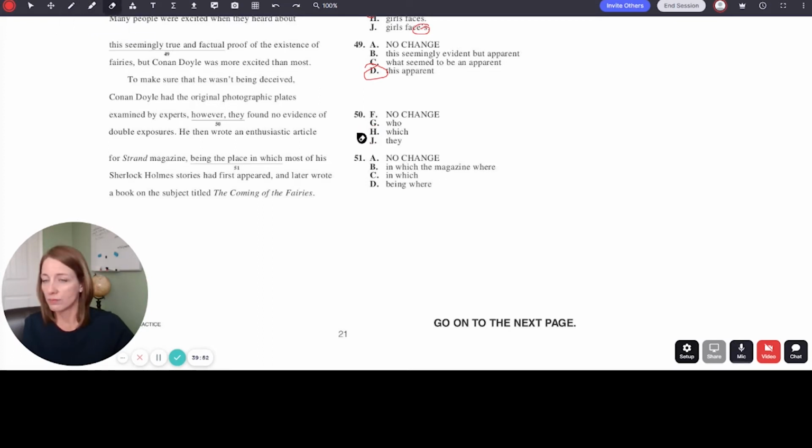So experts who found no evidence of double exposure. Oh, I'm struggling on that still. I'll be honest, I don't know which way to go. Okay, I got to keep moving. I'm going to stay with who because it refers to a person. Experts.